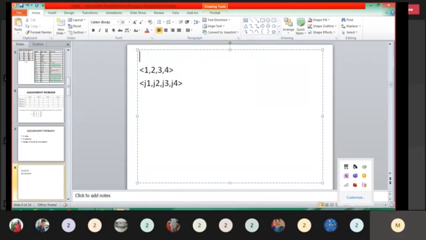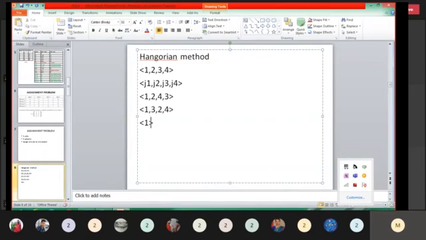This method name is the Hungarian method. Next we can write 1, 3, 2, 4. Initially we will complete the 2 series. That is 1, 2, 4, 3. Next start from 3: 1, 3, 2, 4.